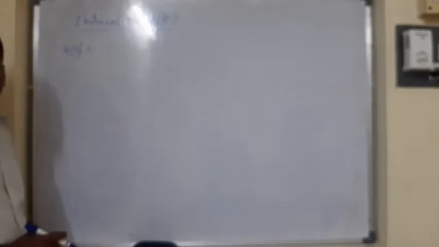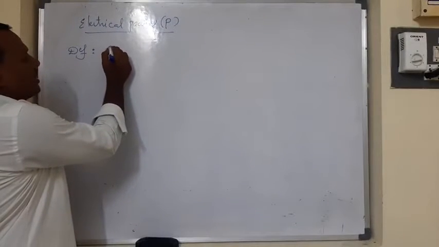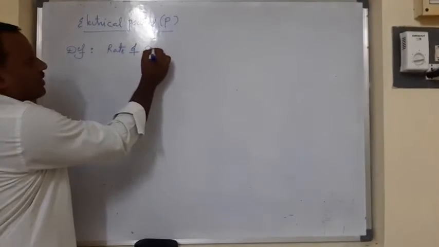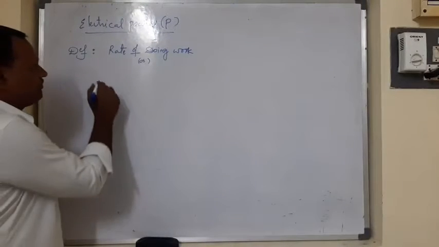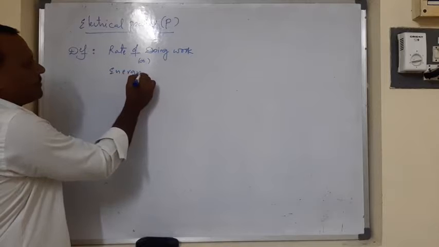How much amount of energy is lost or gained per second is called power. So the definition is rate of doing work, or the amount of energy per unit time.